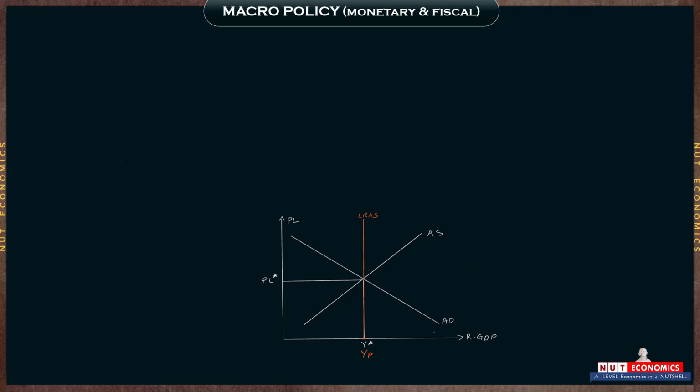However, we have learned that countries usually don't stay at their equilibrium, such as this point E1. They are not usually at their potential. Instead, in the short run, as we have learned earlier, the economy's equilibrium fluctuates around its potential GDP.